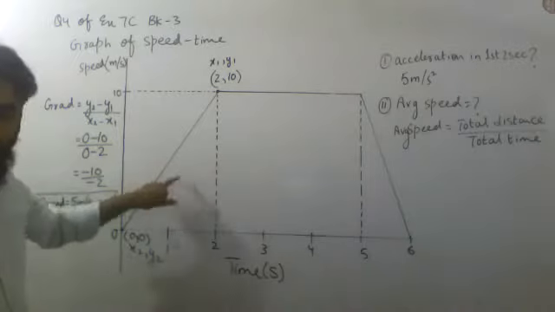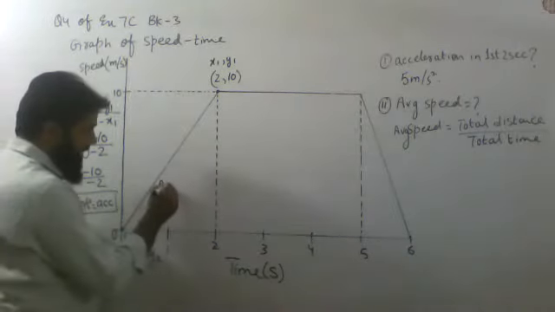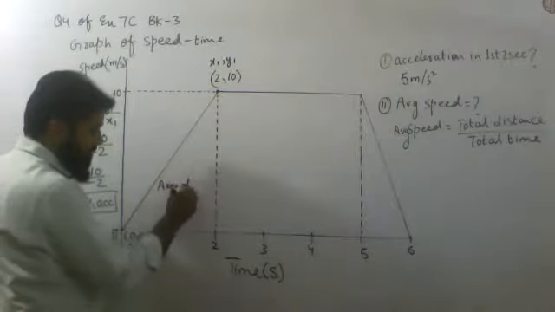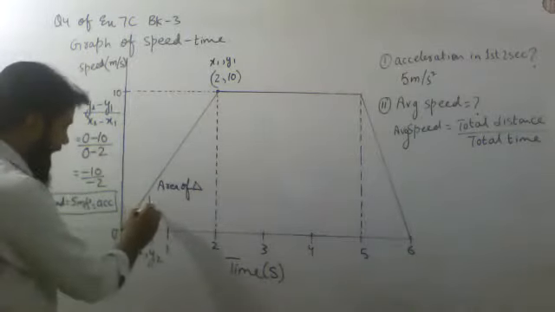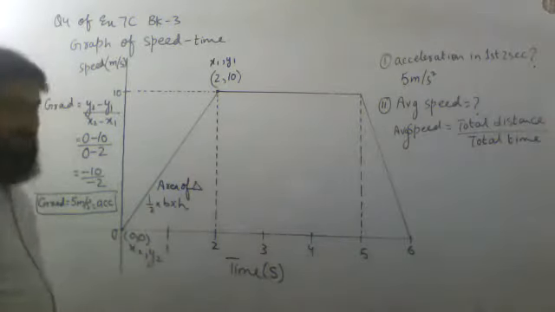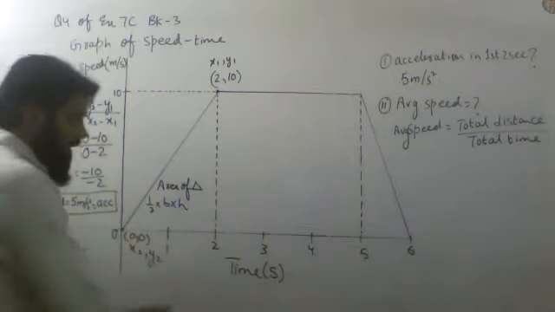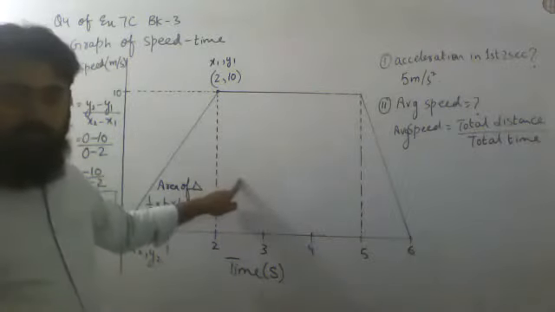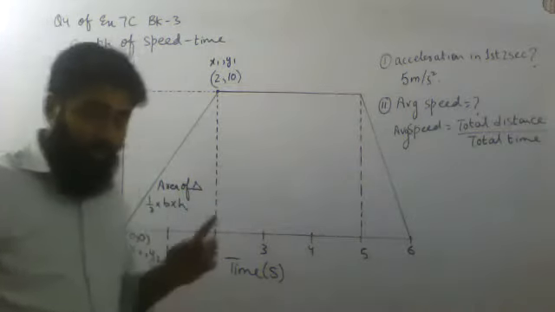First of all, this triangle: we know that area of triangle is half base into height. Coming over here, either it's a square or it's a rectangle. How will I know?